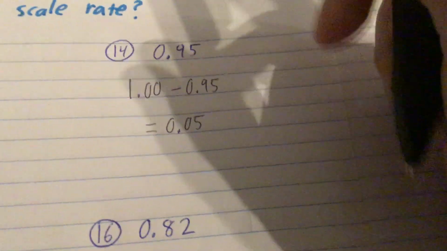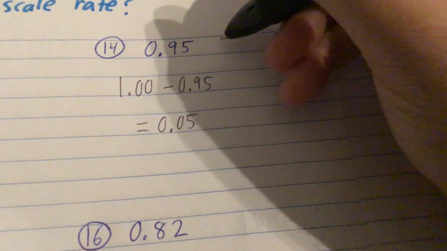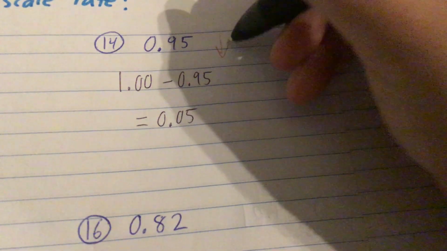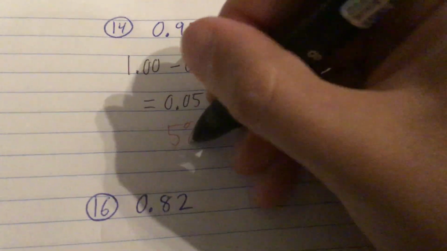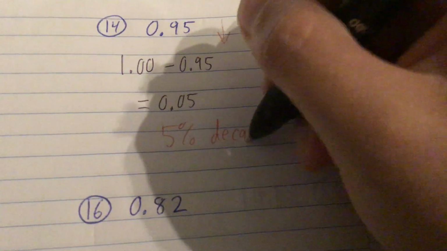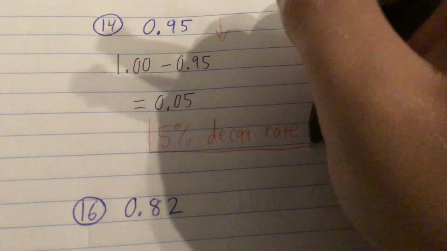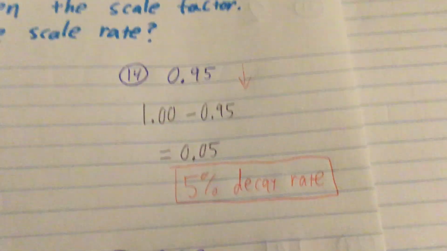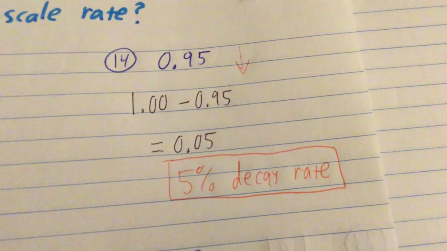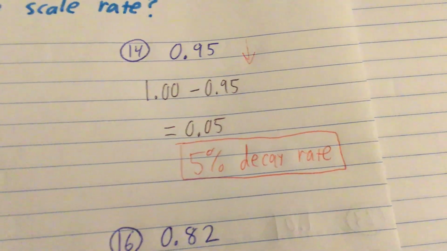Because the scale factor is between 0 and 1, it's going to shrink whenever I multiply something by it. So it's decay. Therefore, this is a 5% decay rate. It's shrinking by 5% every unit of time.